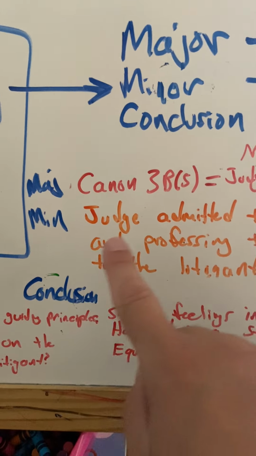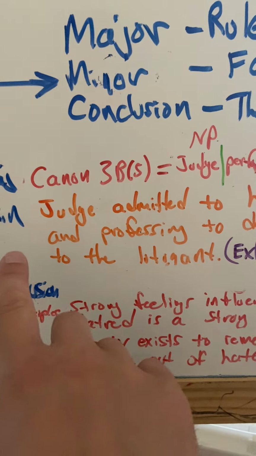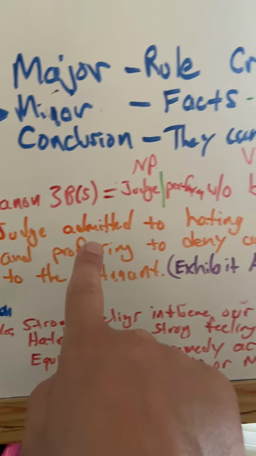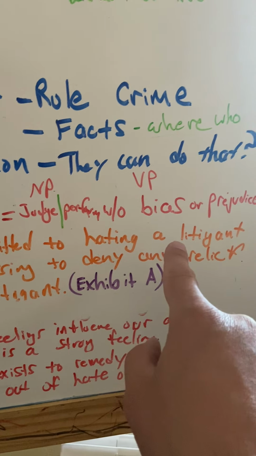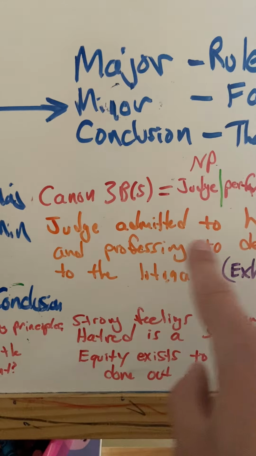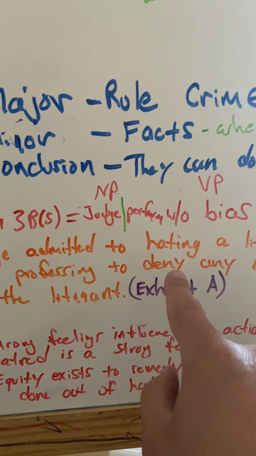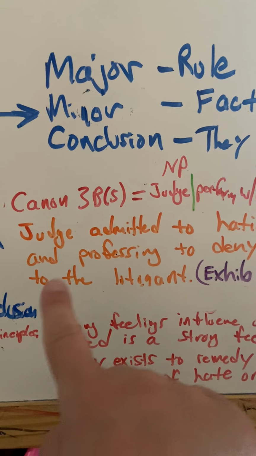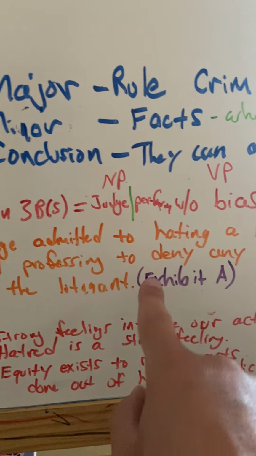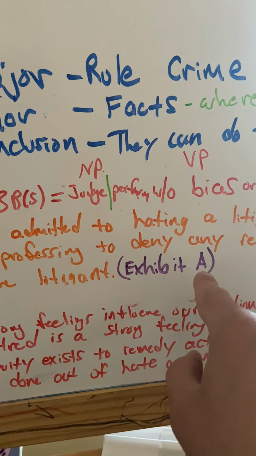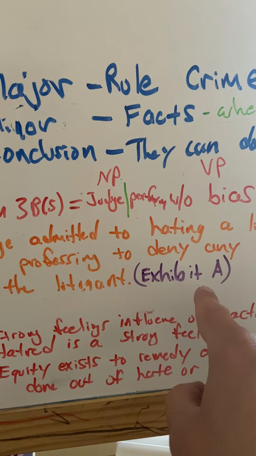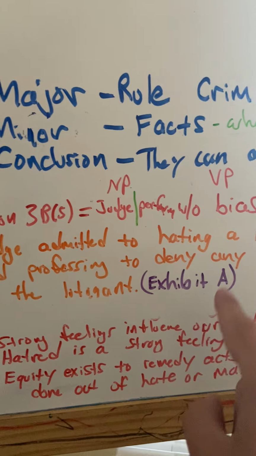So we go to our minor. Talk about facts here. The judge admitted to hating a litigant and professing to deny any relief to the litigant. Exhibit A. This could be an affidavit. It could be a voice recording or a transcript.